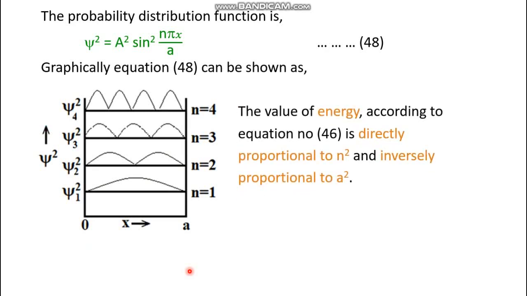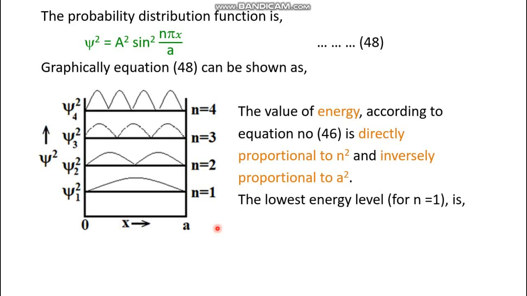The value of energy according to equation number 46, what was there in equation 46? It was En equals n squared h squared by 8 a squared m. So we can conclude that the energy is directly proportional to n squared and inversely proportional to a squared. That means if the quantum number increases, the energy increases, but if the length of the box increases, the energy decreases.